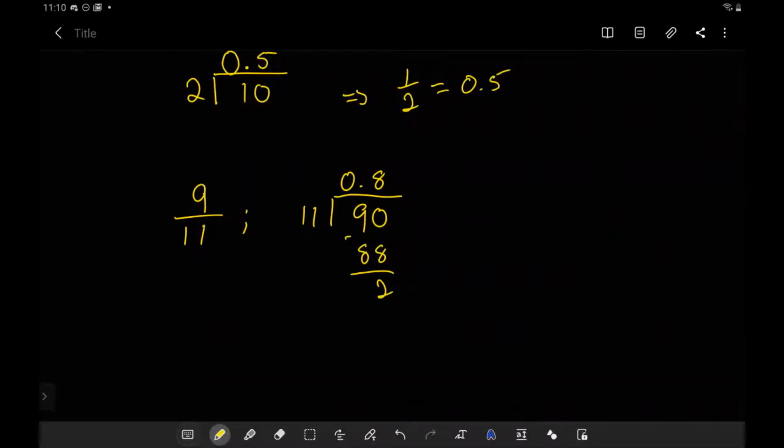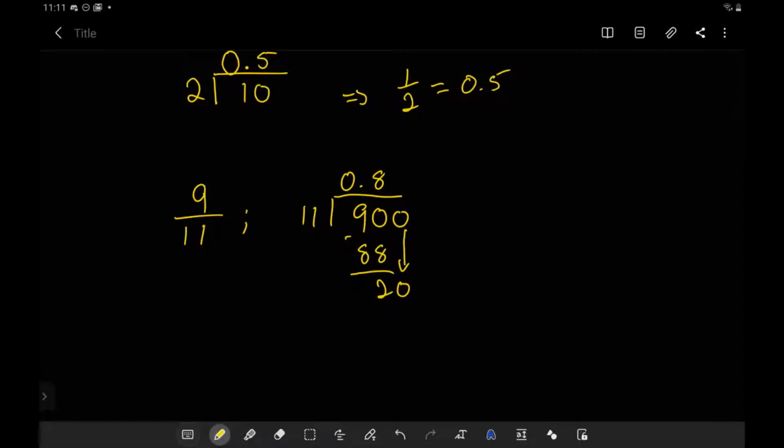But this has an infinite tail of zeros, because if we look at the decimal point, we can put a 0 here and we didn't change anything. So when we bring down the 0, can 11 go into 20?